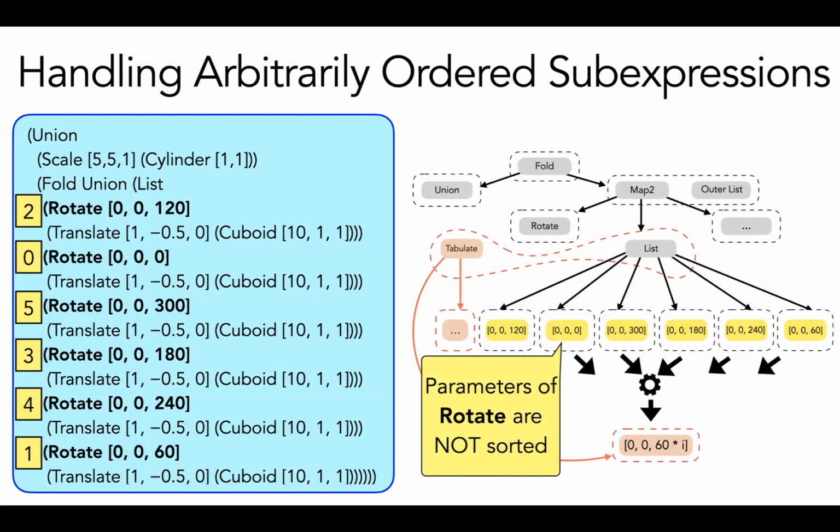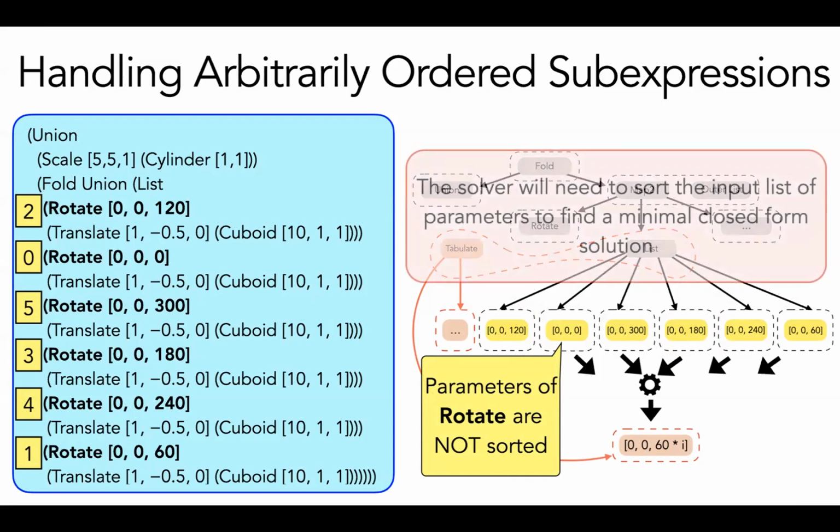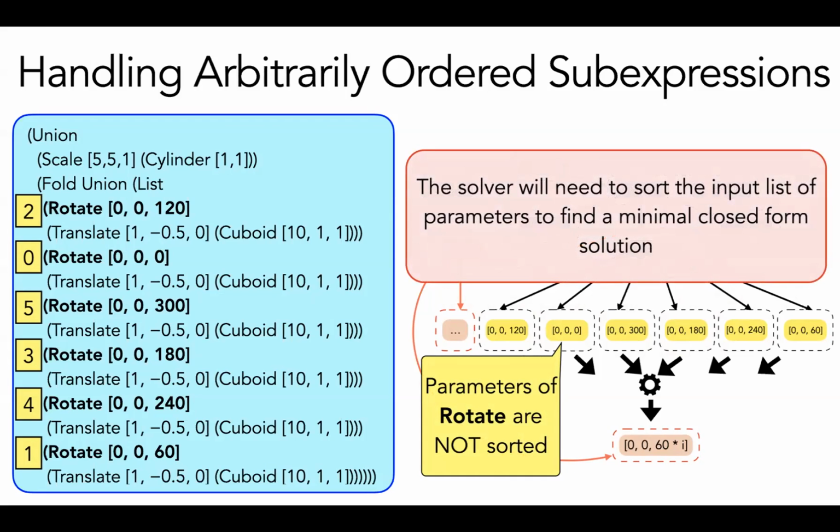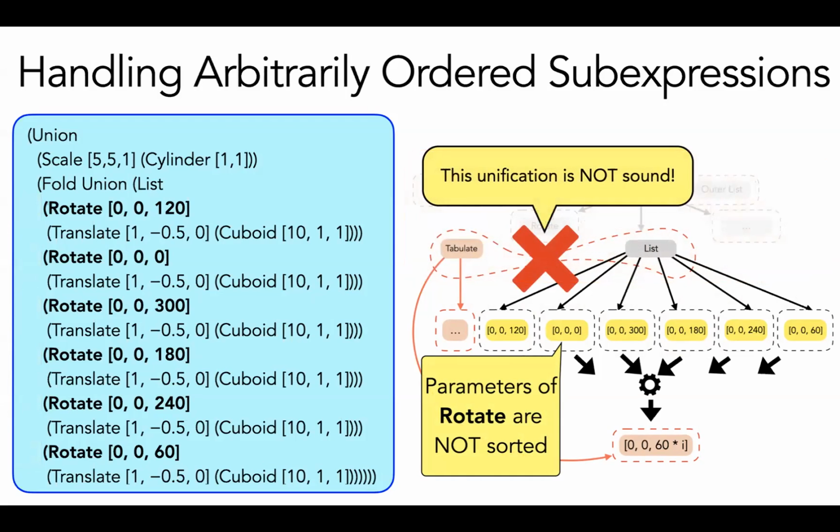Instead, the solver is going to have to sort things to find that clean loop that expresses the pattern, that iteration that you want. But if we let the solver sort its arguments, then we're in trouble because the tabulate we produce is actually not equivalent to the list, right? The tabulate is going to produce things in order, but the list we gave the solver was unordered. And we can't merge those in the egraph because they're not equivalent, right? It would be unsound.